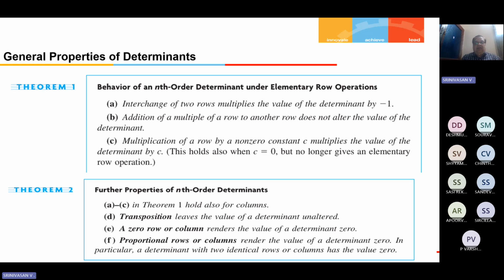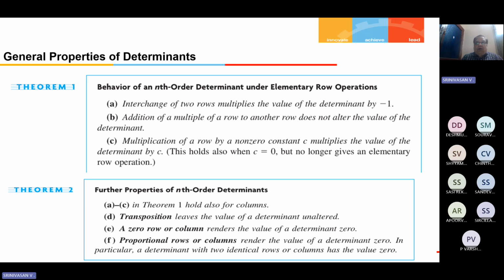That's what is happening here. Suppose you have here minus 3, 4. Here you have 6, minus 5. And then you multiply any one row or any one column by a common constant C. That is, C equal to 1 or C equal to 2 or C equal to 3 or C equal to minus 3. And then what will happen? Suppose this determinant value is minus 9. And you take the first row, for instance, and multiply by, say, 3, C equal to 3.